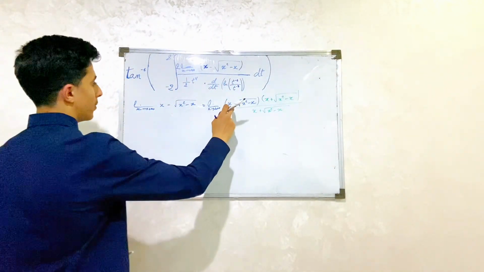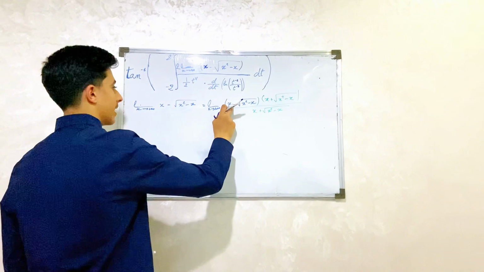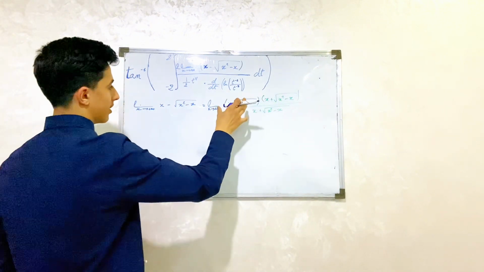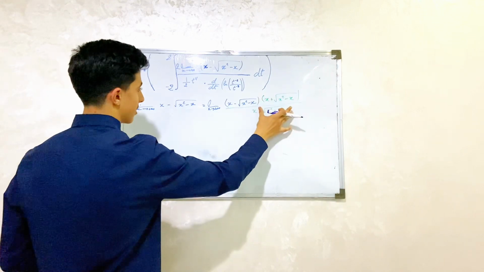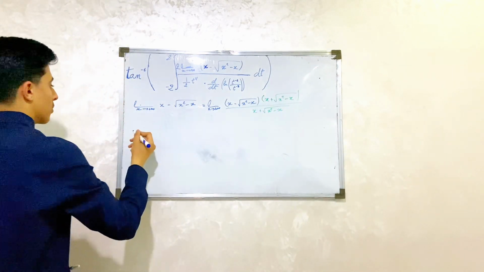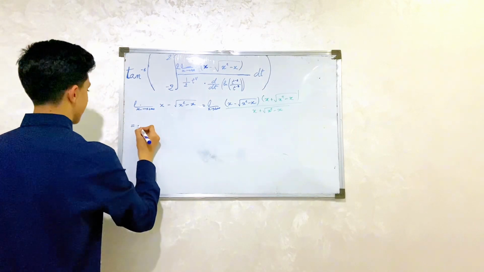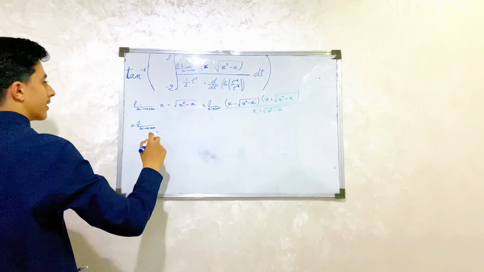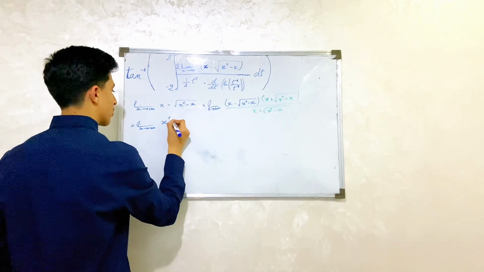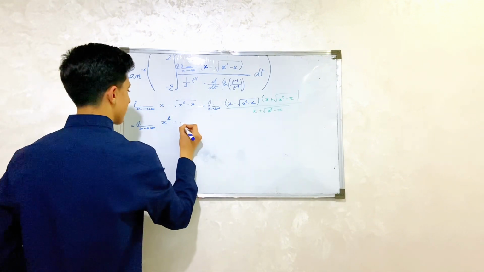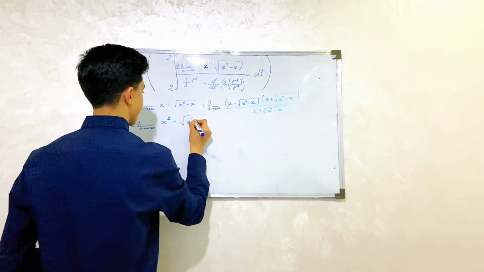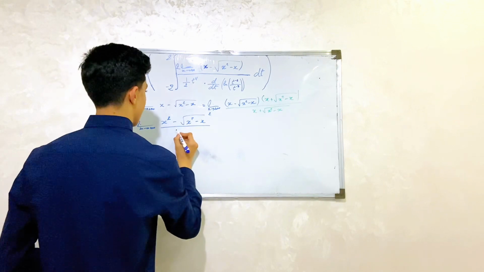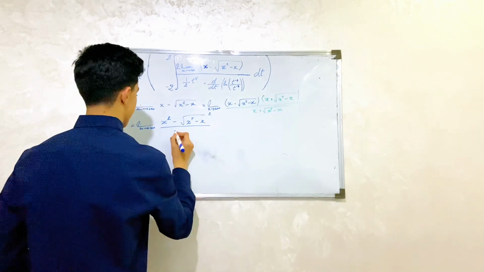Now here we have a minus b times a plus b, the difference of two numbers times the sum of two numbers, which we can write as, first let us write the limit sign here. This gives us the first term squared minus the second term squared, all over this term right here.